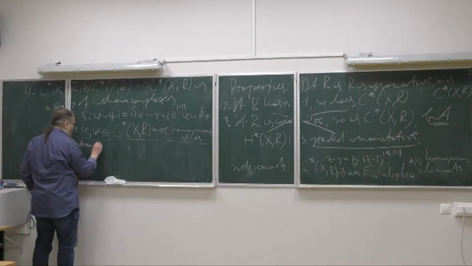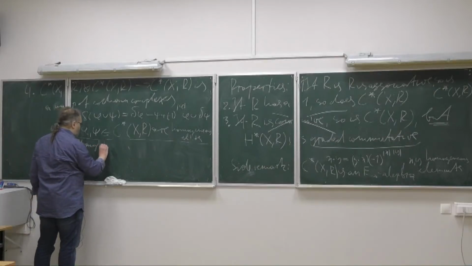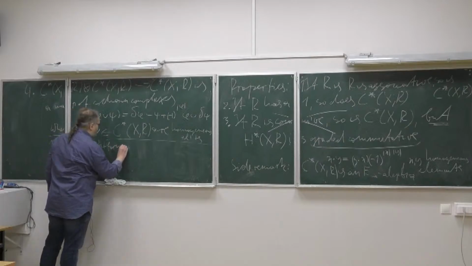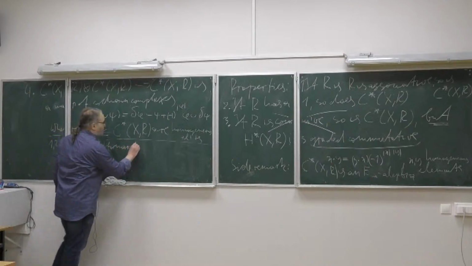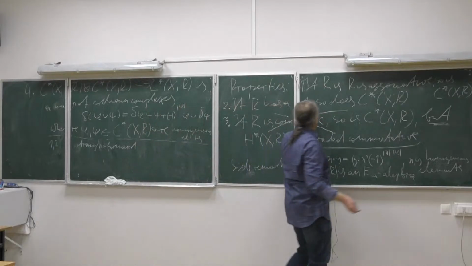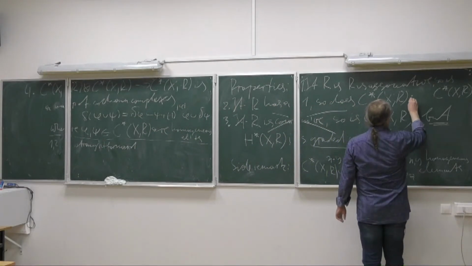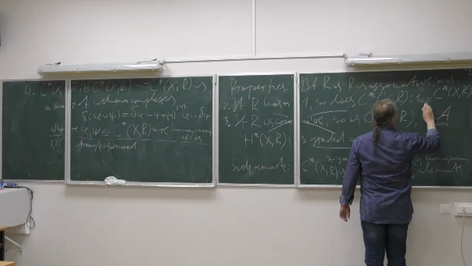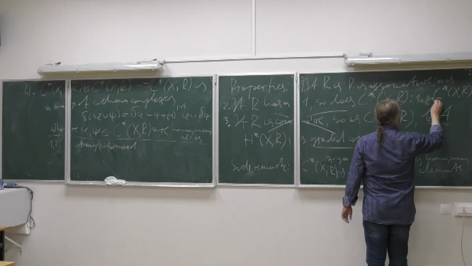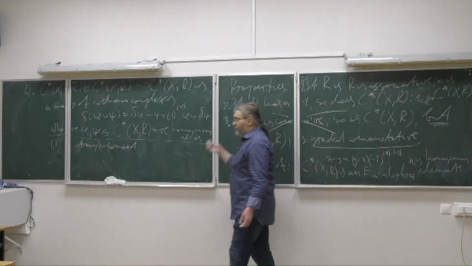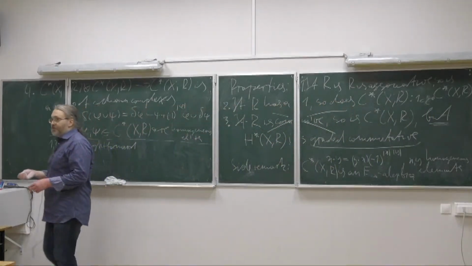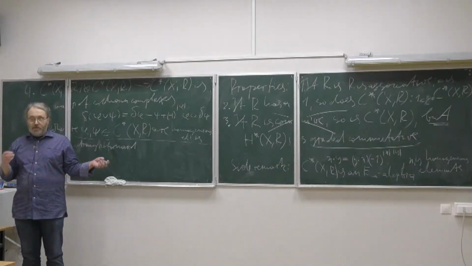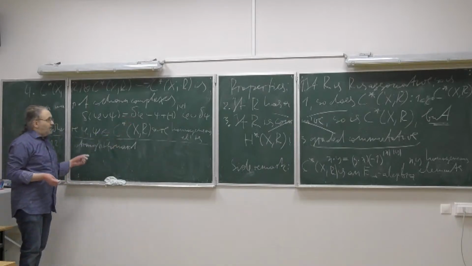Properties 1 and 2 are straightforward from the definition. Well, what is 1? One takes every singular zero simplex to 1. No surprises there.